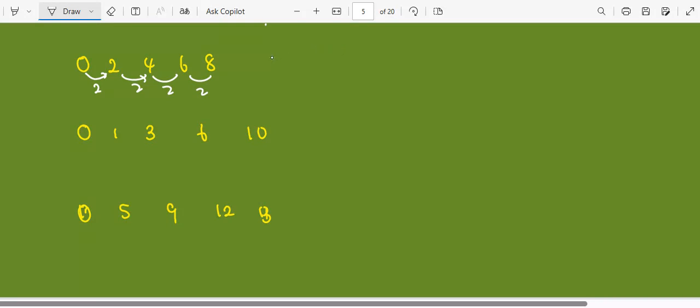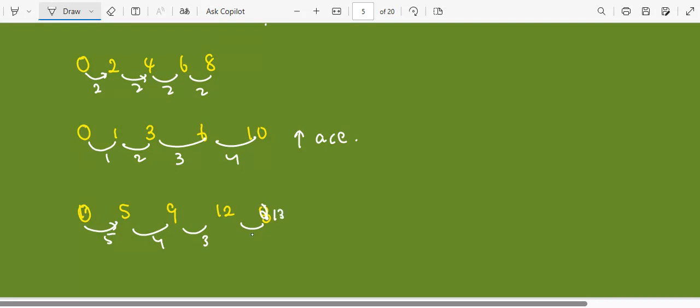we can call acceleration. So this one has a constant acceleration. But in the second situation, the speed increased by 1, then 2, 3, and 4. So how much the speed increases is itself increasing, and that is what we call an increasing acceleration. And in the third, it starts with 5, 4, 3, and then 1.